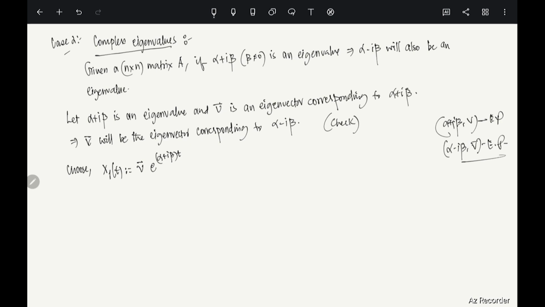It's just a little bit complicated. So basically the solution is a complex valued solution. We are just assuming here it is a complex valued solution. Clear?